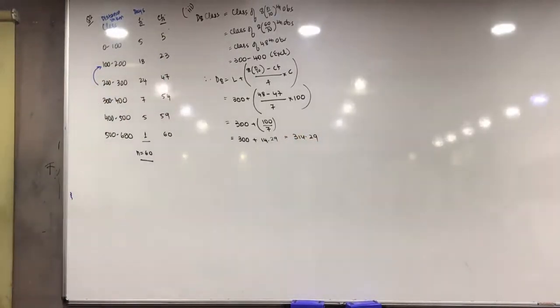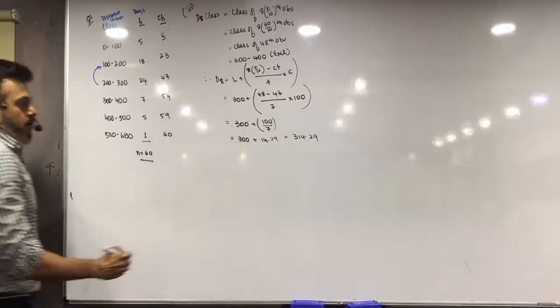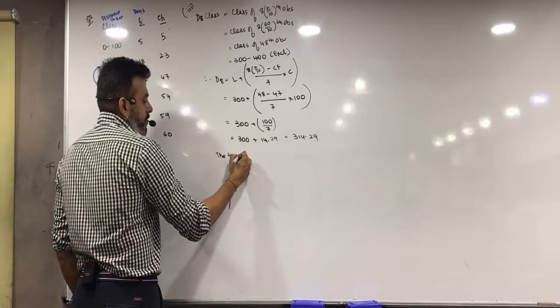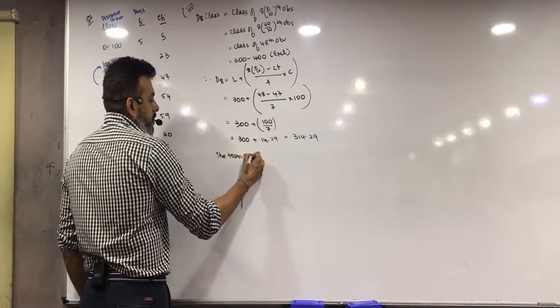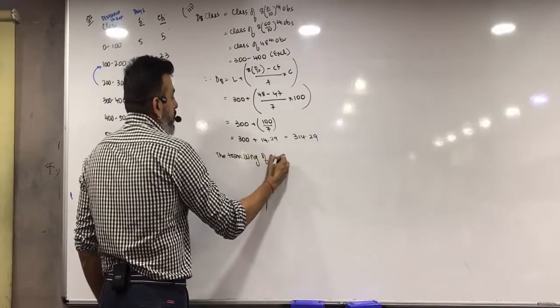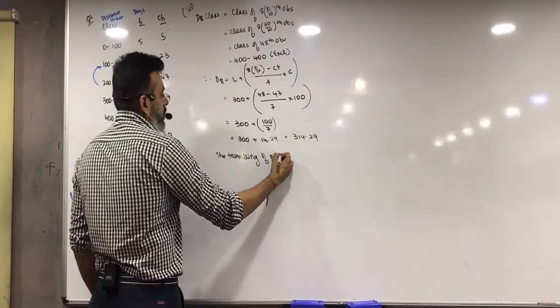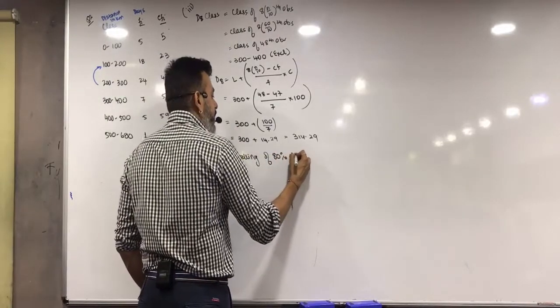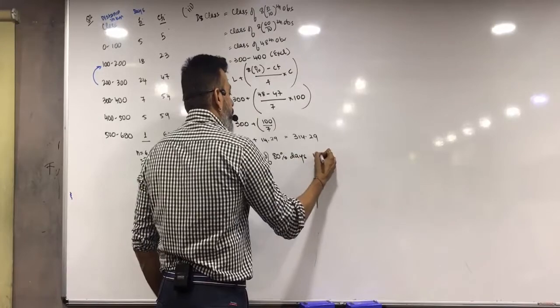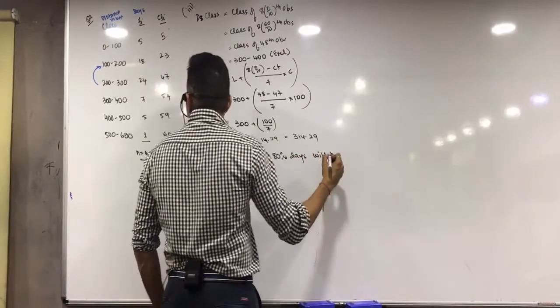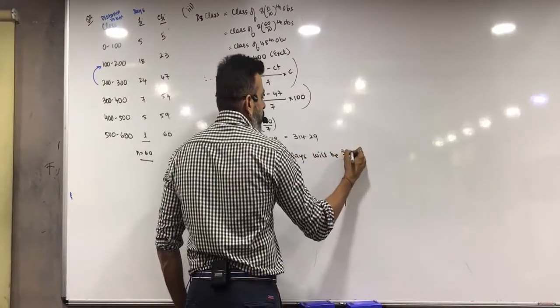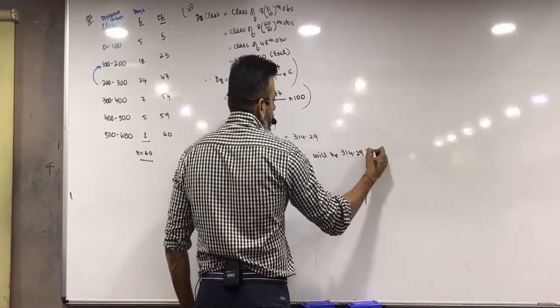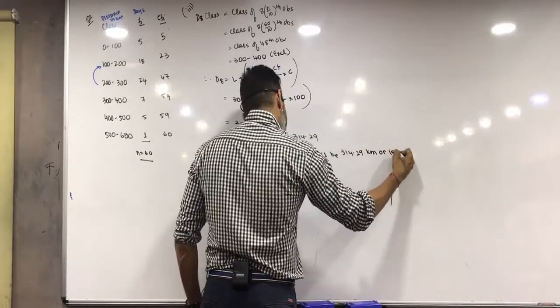Now D8 means how much percentage? 80%. So the traveling of 80% of days will be 314.29 kilometers or less.